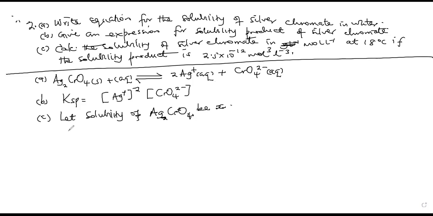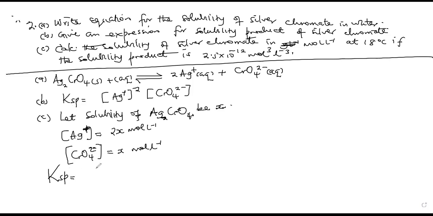So it means that the concentration of silver ion will be, by looking at the ratio, twice X, whereas the concentration of chromate will be X, moles per liter.